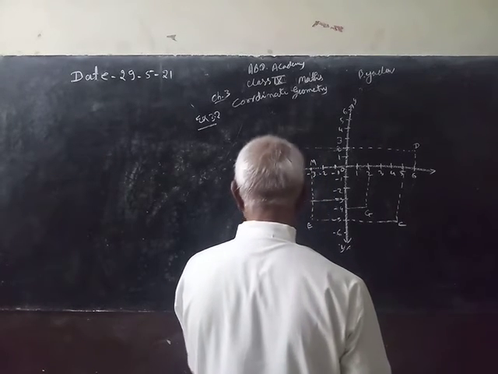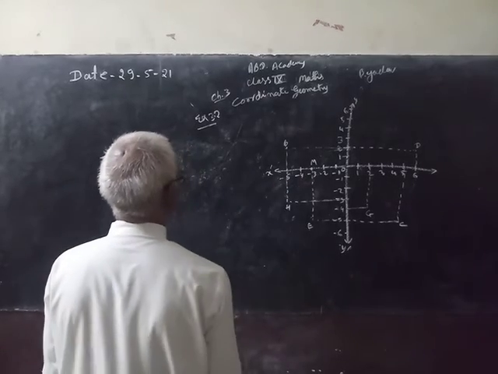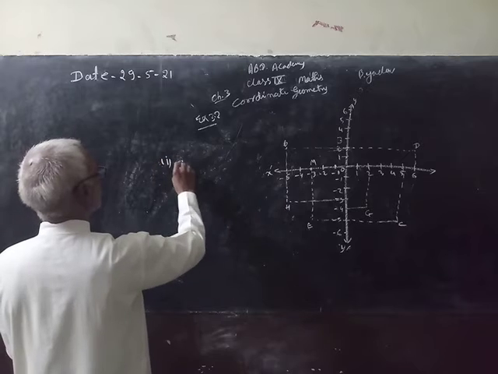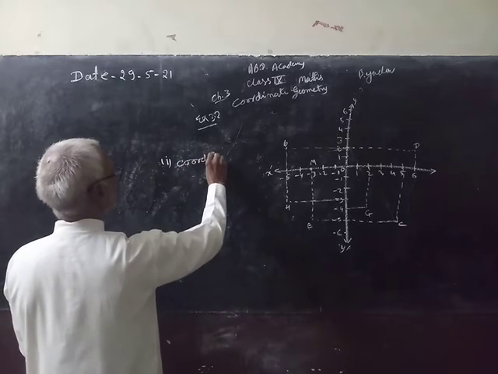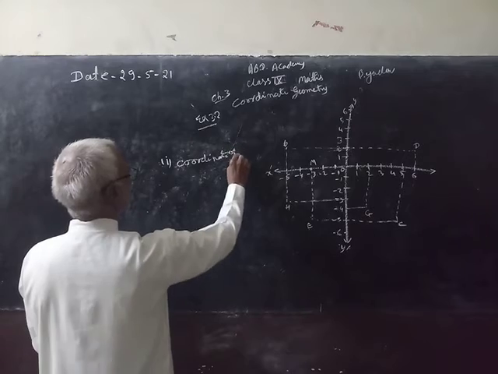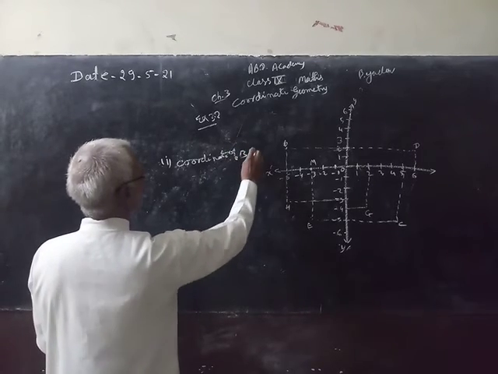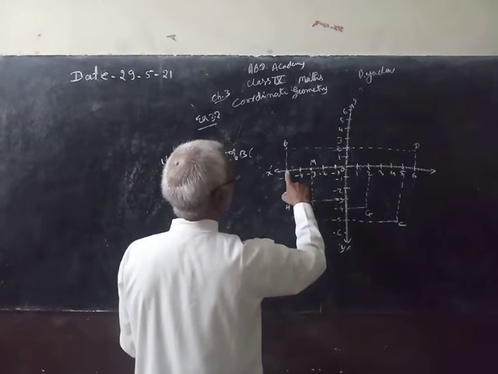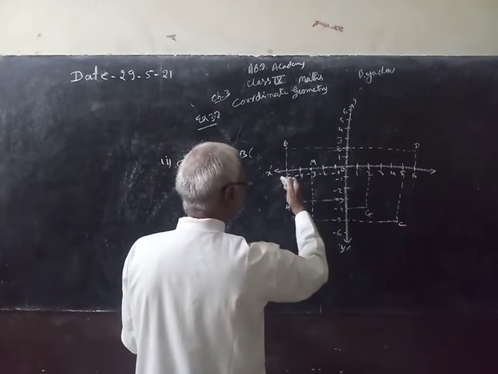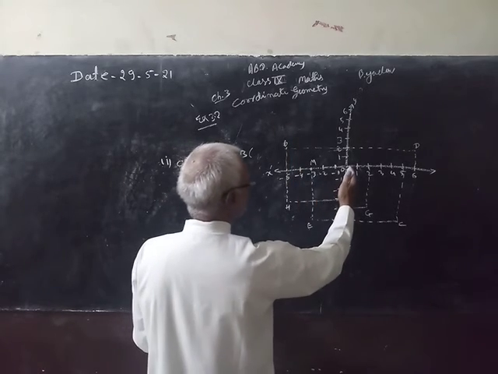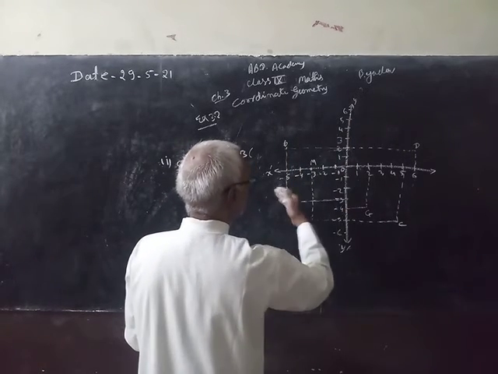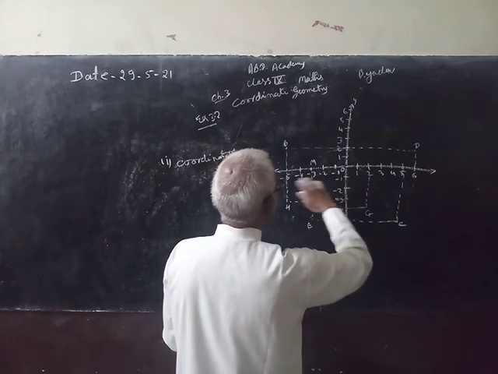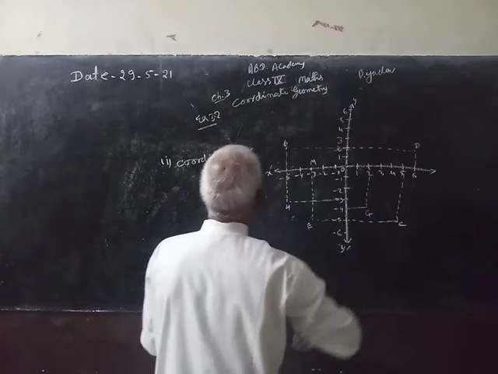So it wants the coordinate of B. First question: the coordinate of B is, count, 1, 2, 3, 4, 5, minus 5 and above. Negative means left-hand side of the y-axis, right of it is positive, and above the x-axis is positive and below is negative.